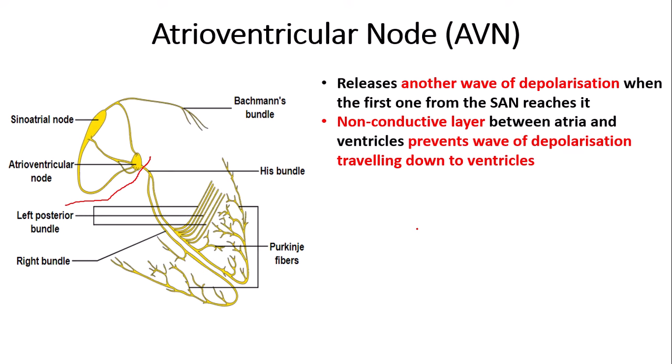If it didn't exist, the wave of depolarization would reach the ventricles. This would be detrimental, as it would cause premature contraction of the ventricles, so insufficient volumes of blood would be delivered to the pulmonary artery or the aorta. So insufficient volumes of blood would be delivered to the body, which would be devastating for respiration.